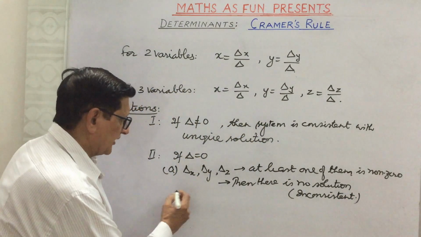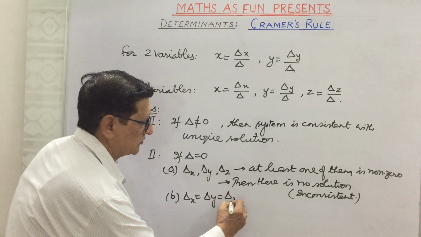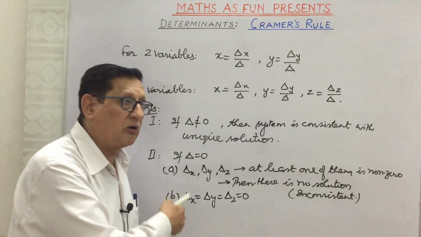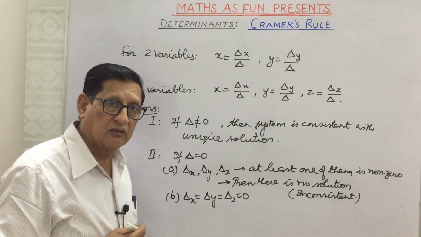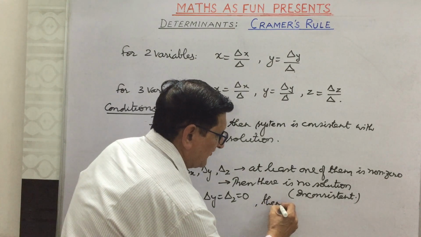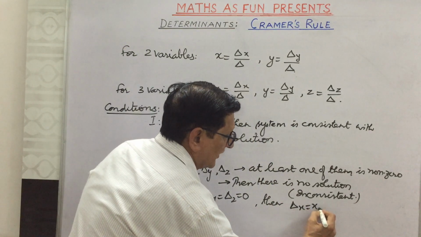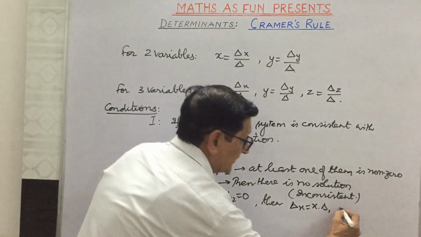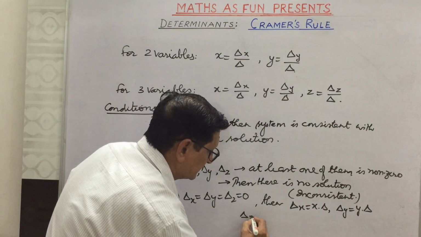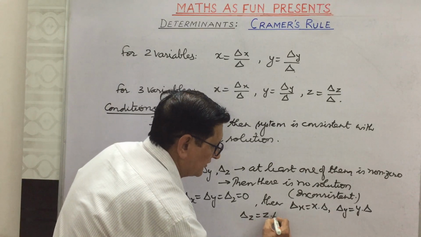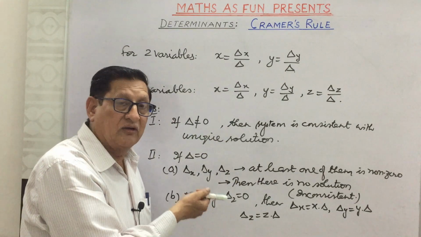Now the second case when delta is 0 may be if delta x is equal to delta y is equal to delta z is equal to 0, means all delta x, delta y and delta z are 0. Then what will happen? Can we say that delta x is equal to x into delta, delta y is equal to y into delta, and delta z is equal to z into delta will be satisfied by all the values of x, y and z?